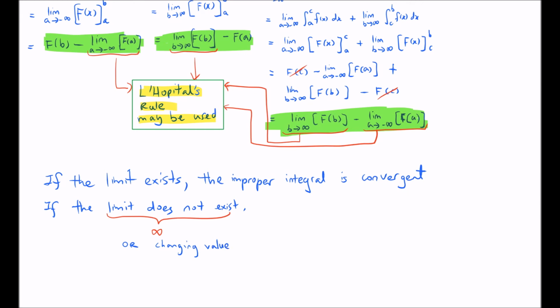If that's the case, the improper integral is divergent. So only two types: limit exists means convergent, limit does not exist means divergent. Now we are ready for the first example.